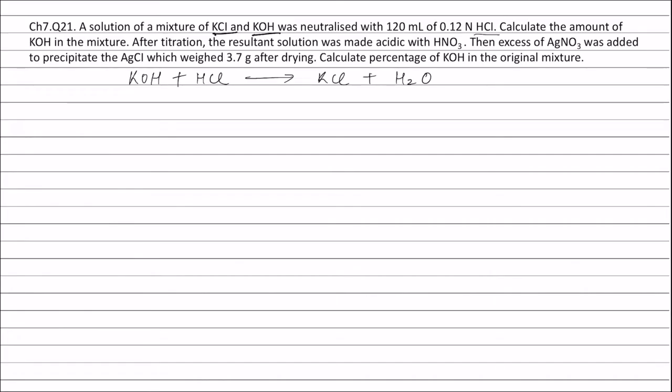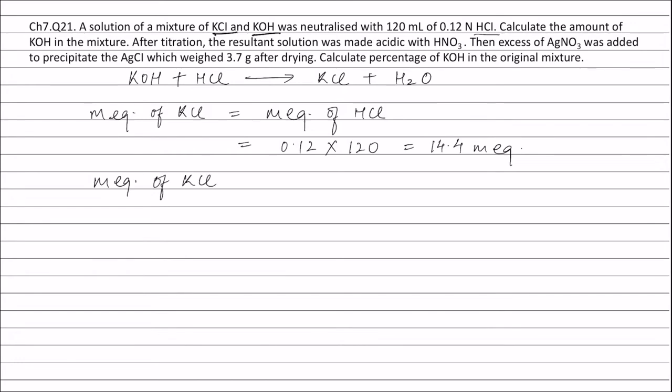Milli-equivalents of KCl will be equal to milli-equivalents of HCl, which is normality of HCl, that is 0.12 N, into volume of HCl in milliliters, that is 120 milliliters, and this is equal to 14.4 milli-equivalents. Now milli-equivalents of KCl is equal to milli-equivalents of KOH, and this is equal to 14.4 milli-equivalents.